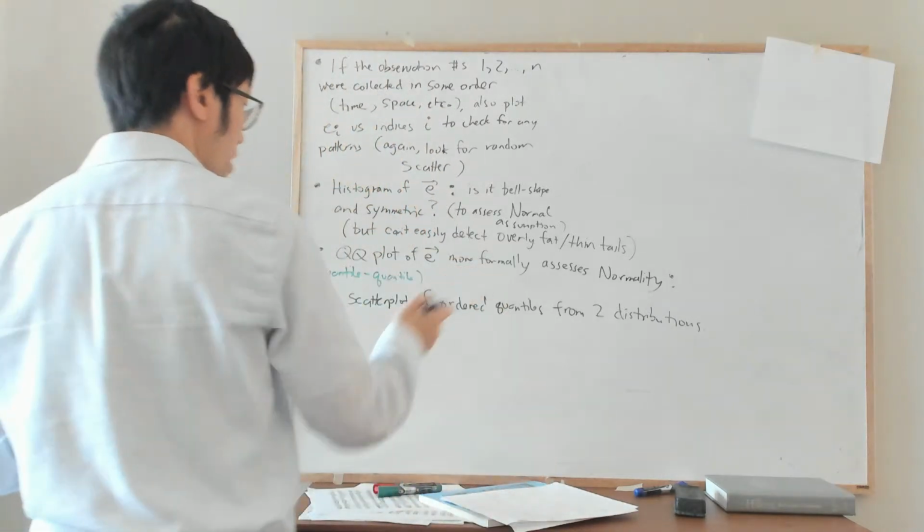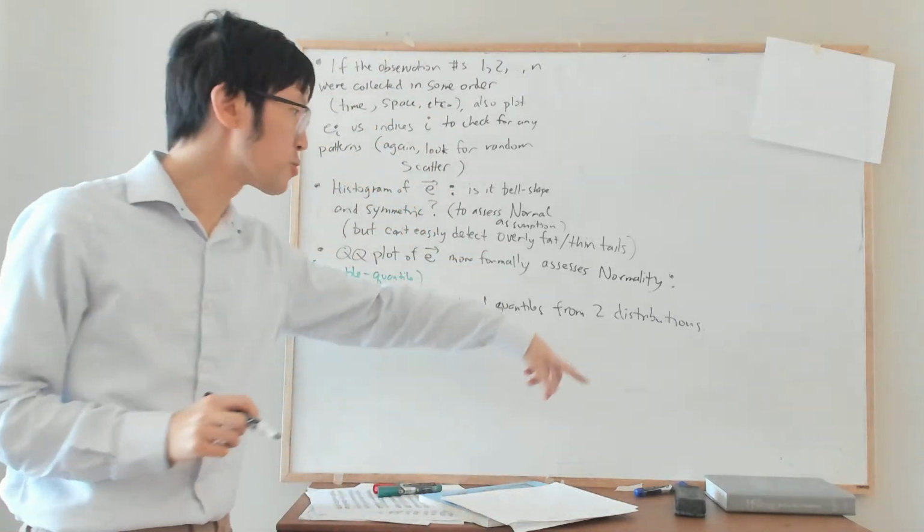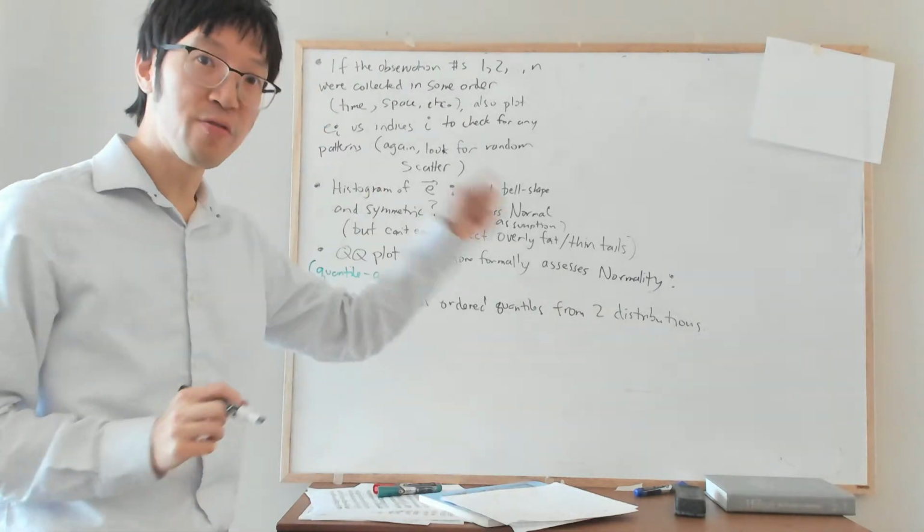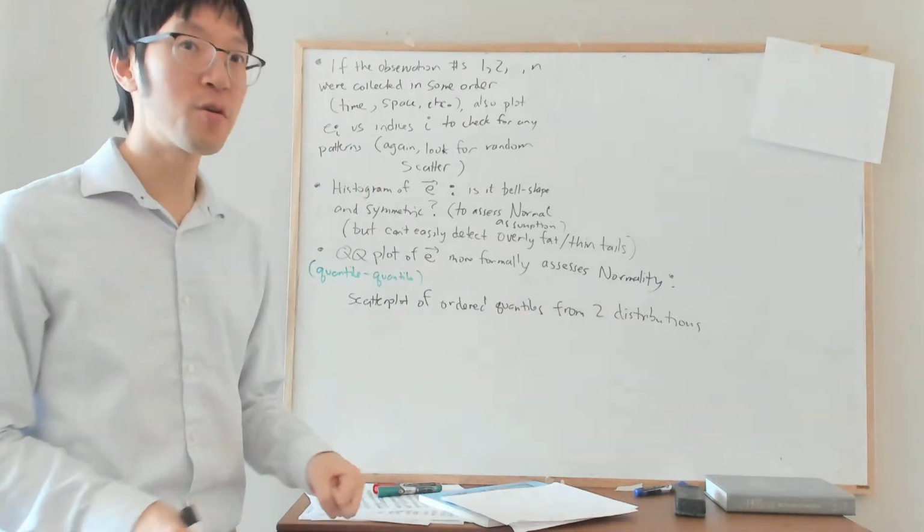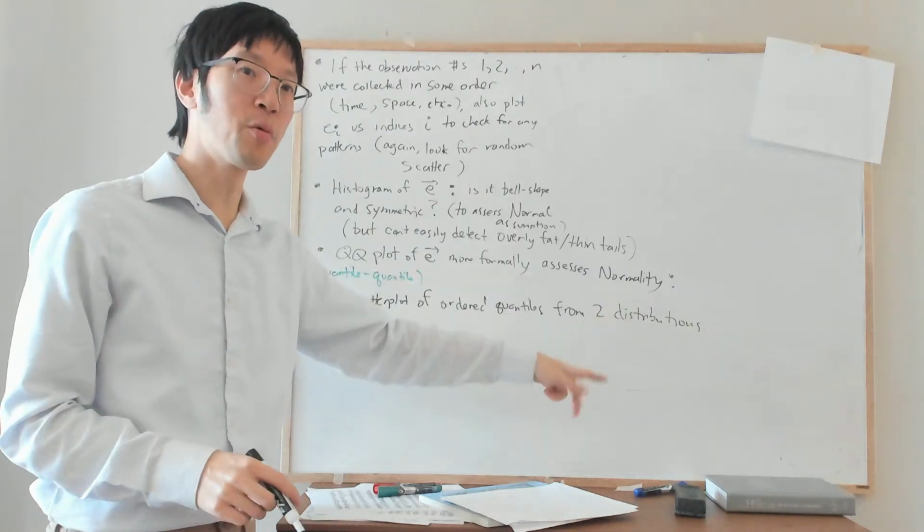In this case, what are the two distributions? One is what we observed in the residuals, and the other is the normal distribution that we want to compare them to.